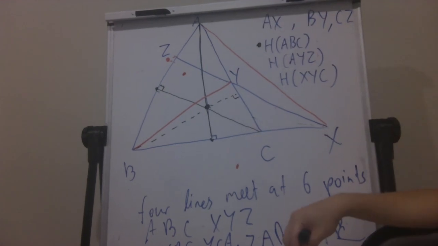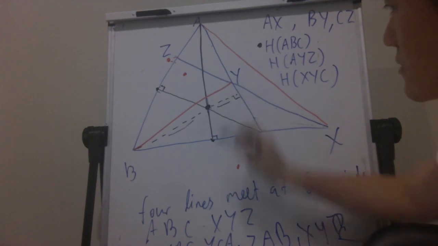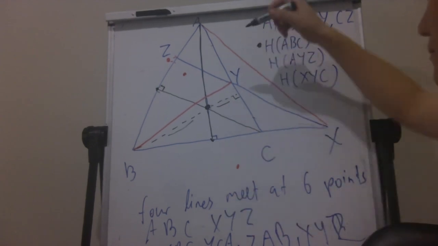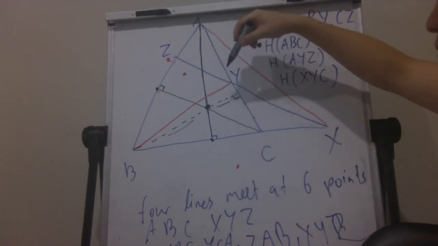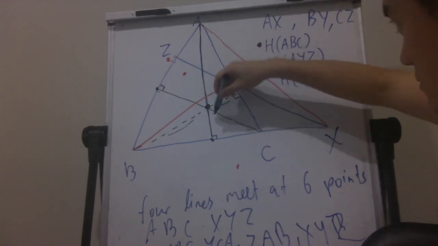So what are we trying to say to make this conclusion? BY. We need this times this to equal the same thing on the other circle, this times this.